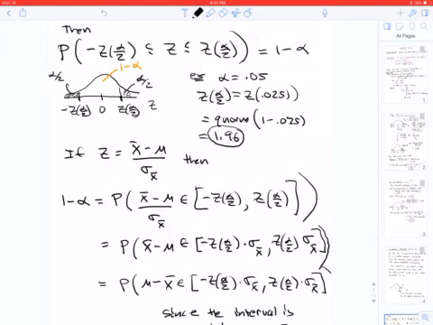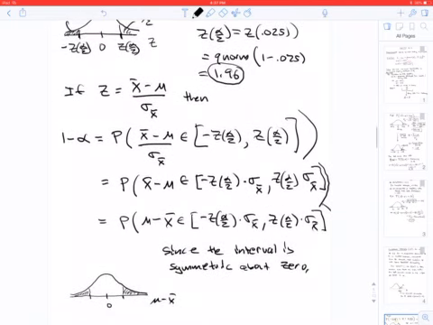So we subtract off the center of the data, mu, and divide that by the standard error. The probability that that's between minus z alpha over 2 and z alpha over 2 is 1 minus alpha, as we just said above, and everything will follow from that.